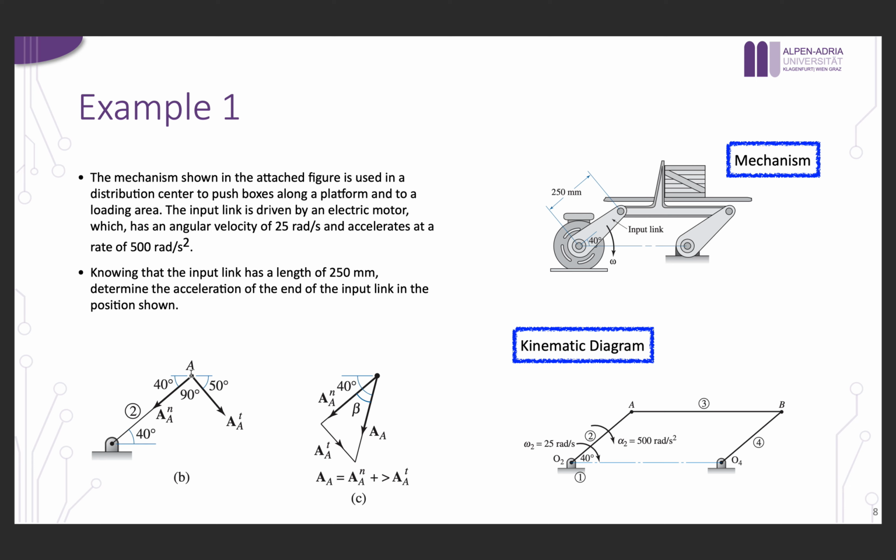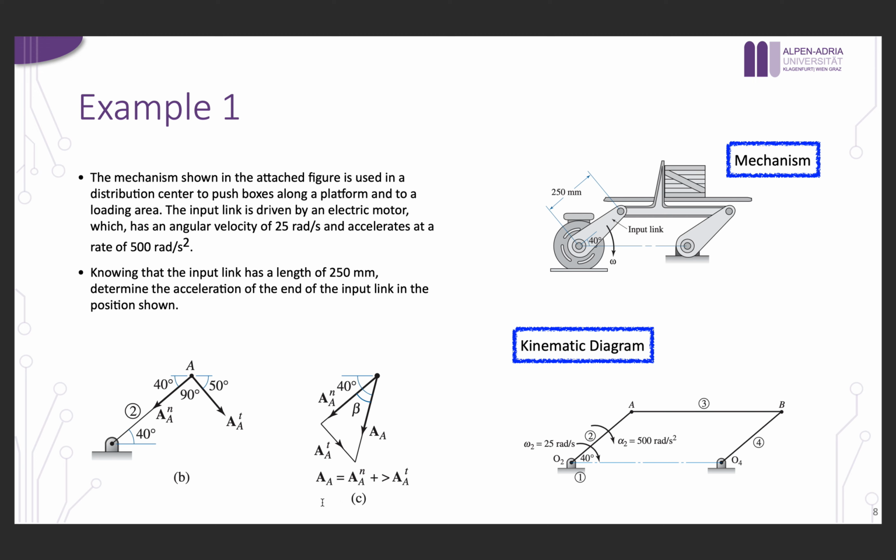So here we have two components, which means we need to estimate the tangential acceleration vector and the normal acceleration vector. We know that it's 40 degrees, and we know that the normal acceleration lies along the radius of rotation. We know that the tangential acceleration is always perpendicular to the radius. That's why we already know their orientation, because orientation is not an issue. What is the issue now is their magnitude.